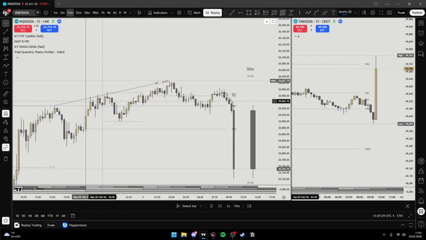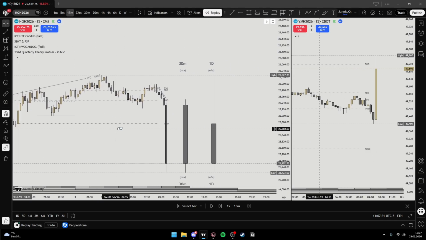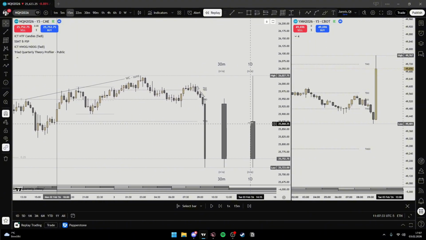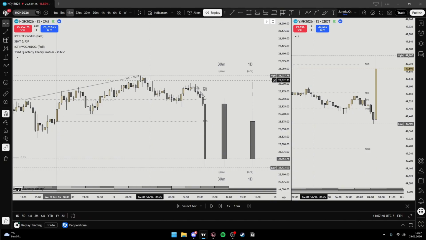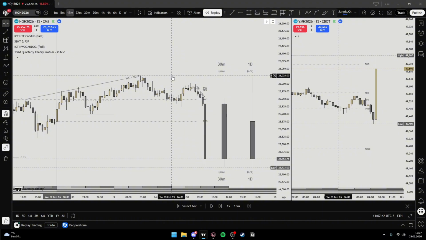time frame to look at the daily Power of 3 developments, and it was clear that we had the accumulation in Asia, the manipulation in London, and that we would play continuation of the distribution. I'll upload a lecture tomorrow, I think, about Power of 3 and Asia, London, and New York, and how they behave together.